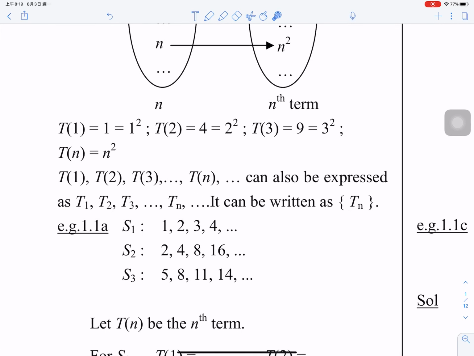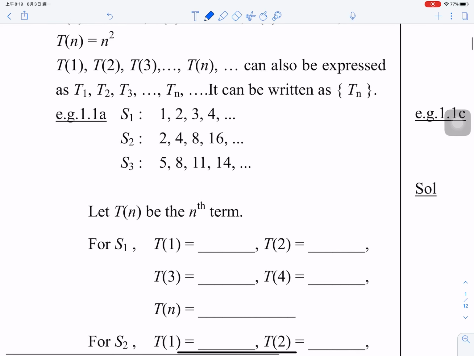Okay, let's have a look some more. Sequence 1, sequence 2, sequence 3. So we denote them as S1, S2, and S3, as there are 3 sequences. Let Tn here be the nth term.